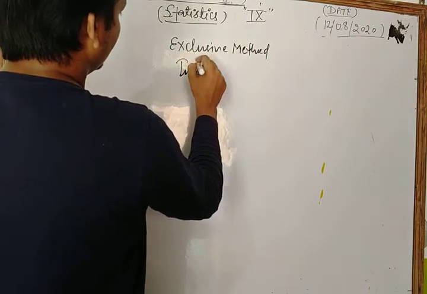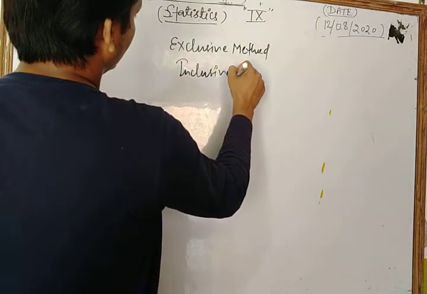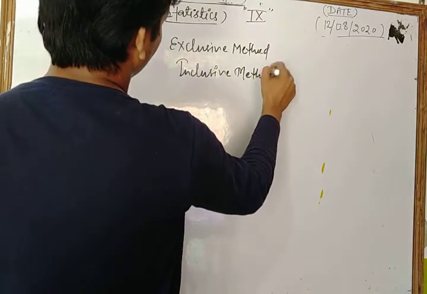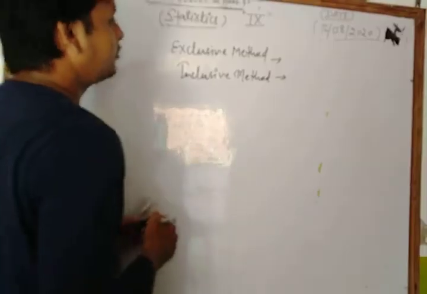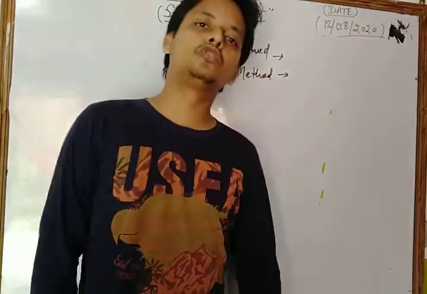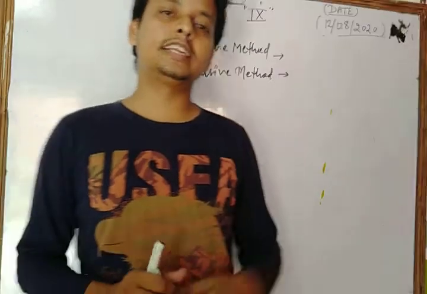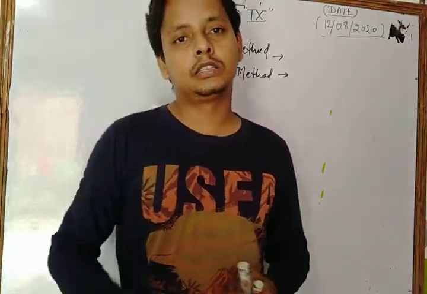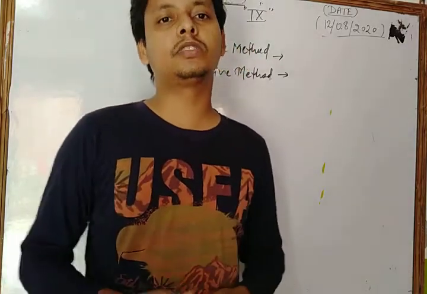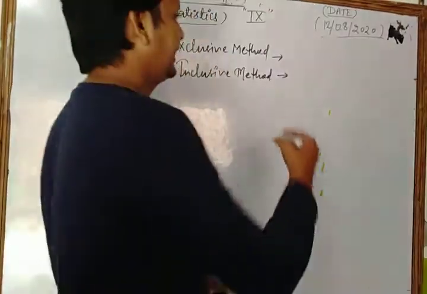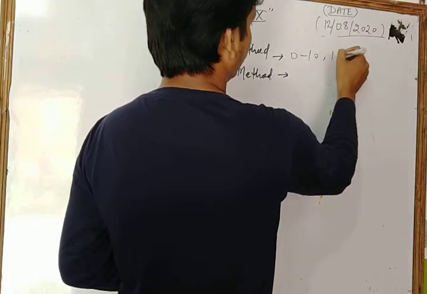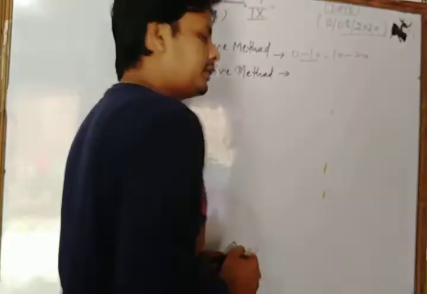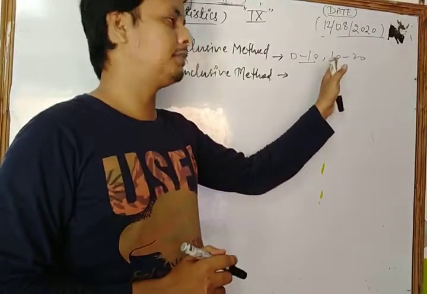In the exclusive method, the upper limit of a class is the same as the lower limit of the next class. In this way, 0 to 10, 10 to 20 means the upper limit of the first class is the same as the lower limit of the second class.